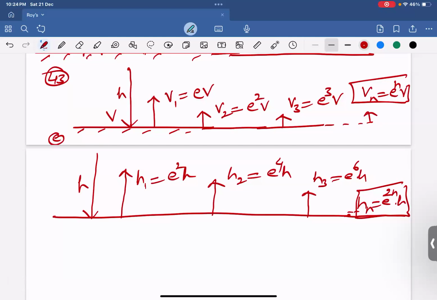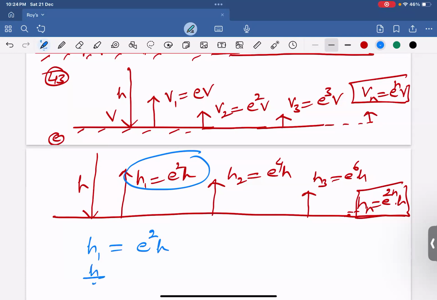It says that it rebounds up to height h by 2 after the first collision. So I can use this concept: h1 is equal to e square into h. And this h1 is given as h by 2.